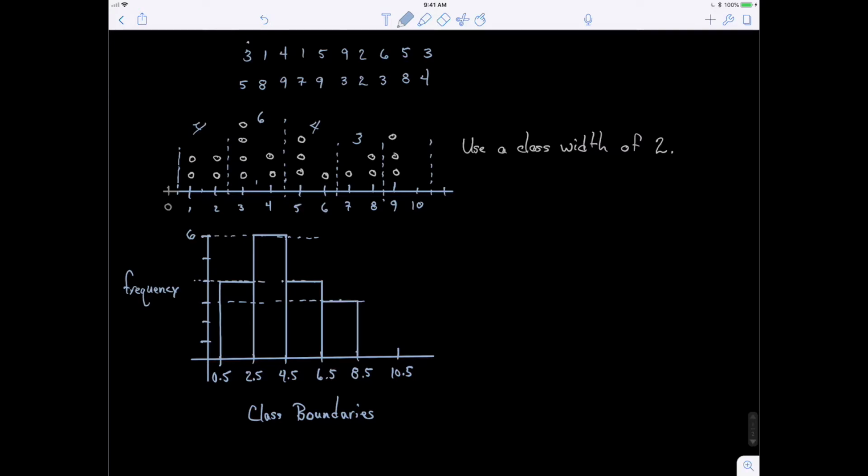And then our last one is also of height 3, or frequency of 3. So let's draw that better, and bring it across. Just do it this way. There. Now, there's our histogram.